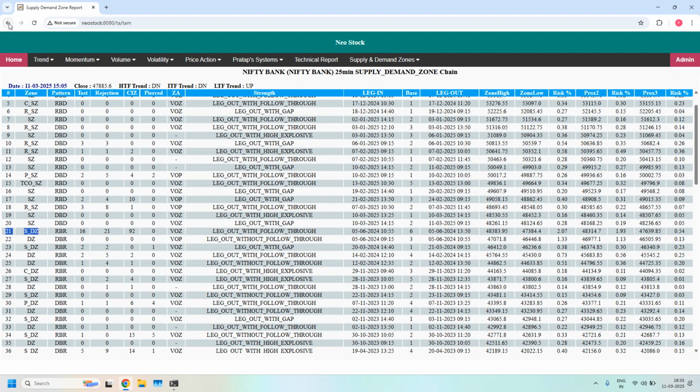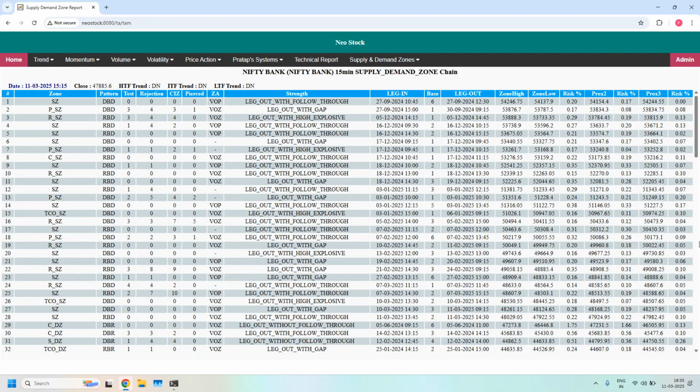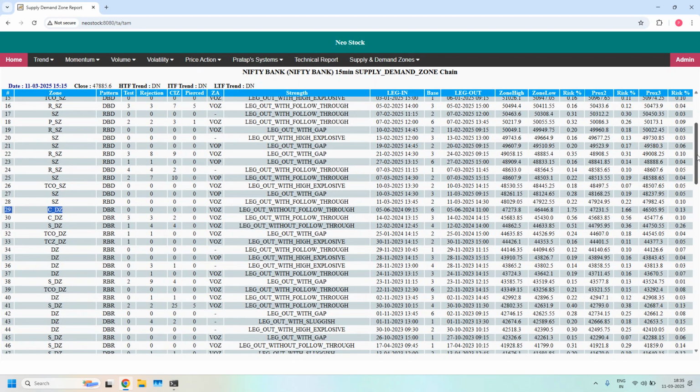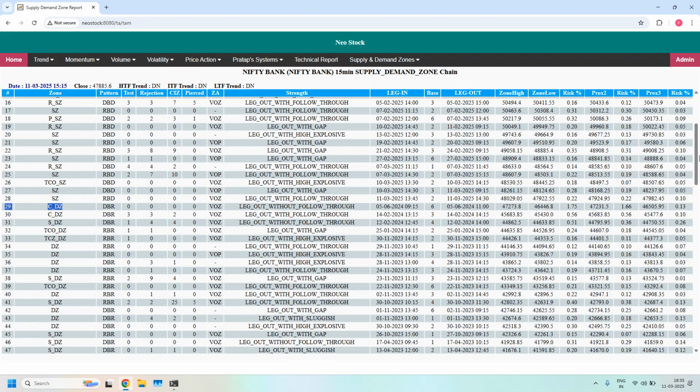Okay, next, 15 minutes supply demand zone chain for Bank Nifty. Twenty-ninth is the nearest demand zone to the current closing price. Let me keep it in the center.